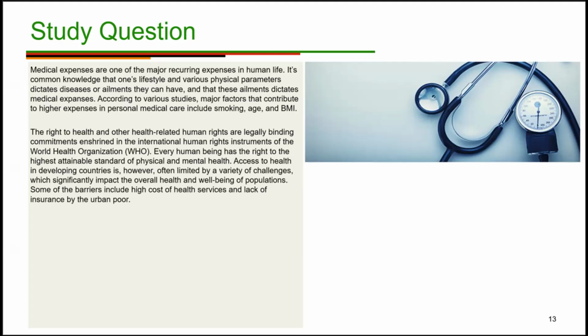In developing countries, however, this is often limited, and we have a variety of challenges which significantly contribute as to whether someone's overall health or well-being is well.